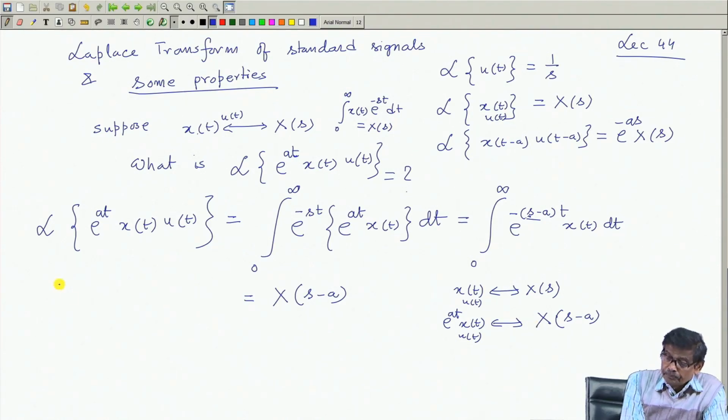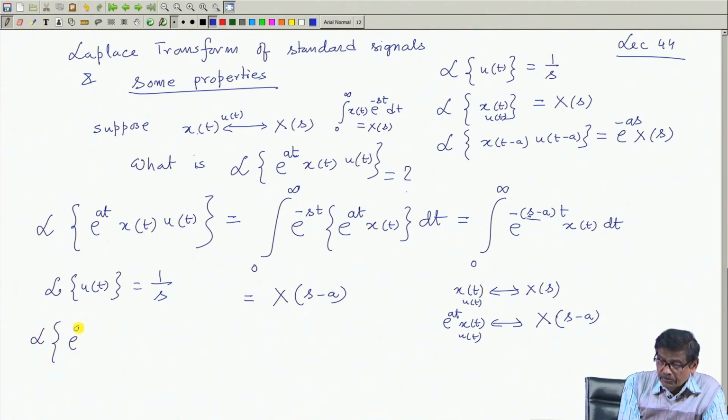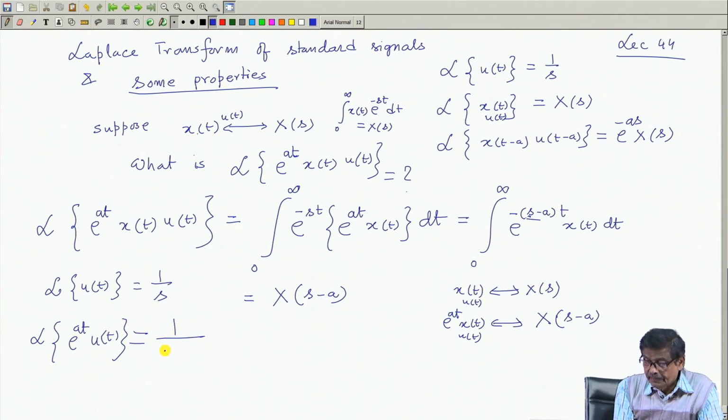For example, the Laplace transform of u(t) I have already calculated, it is equal to 1 over s. Then I am saying that the Laplace transform of e to the power at u(t) will be nothing but replace s by s minus a.